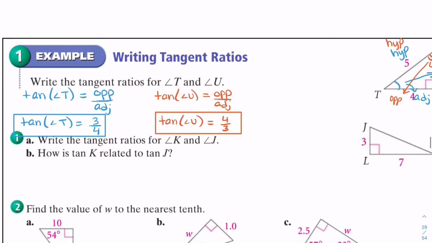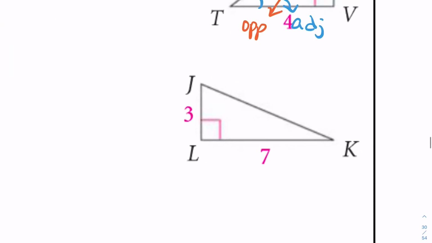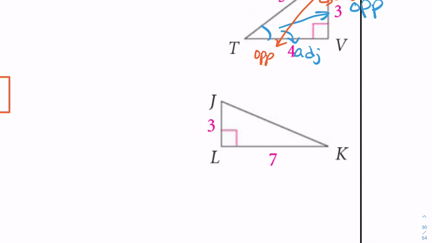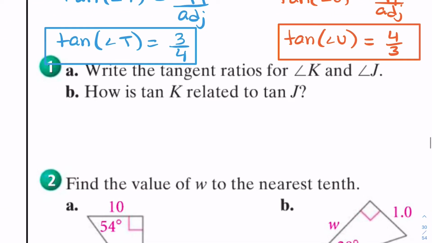All right, now we want K. Now we want to work with this one. We don't need anything more because the hypotenuse is here. The question is, is this the opposite or is this the adjacent side? That's our question. Depending on J or K, it will make a difference. Let's see, it wants us to write the tangent ratios for angle K first.